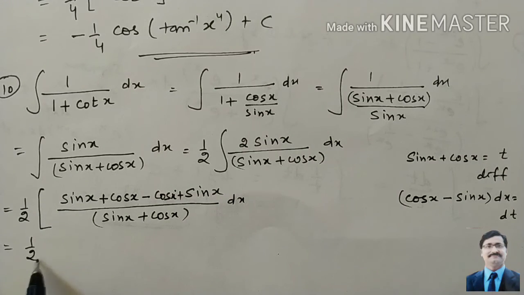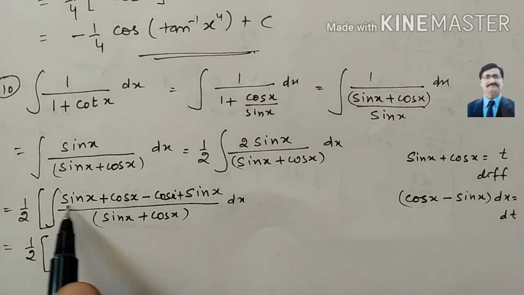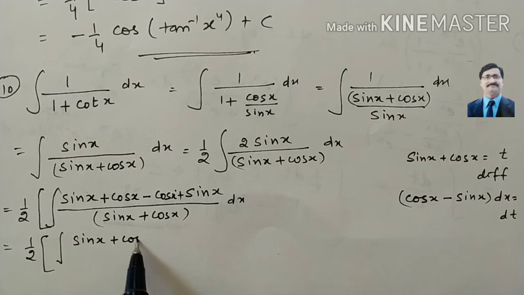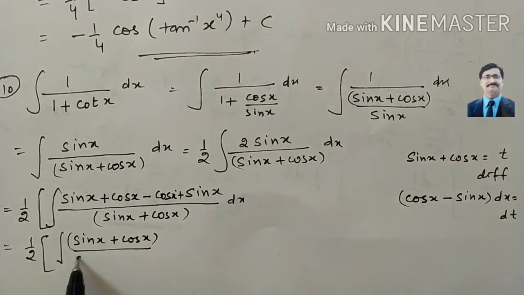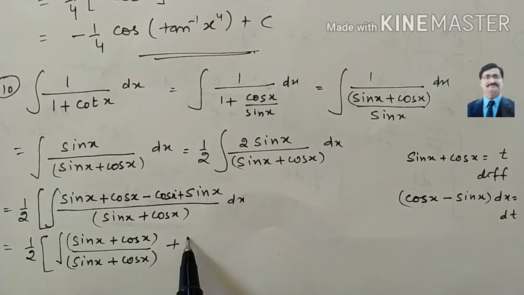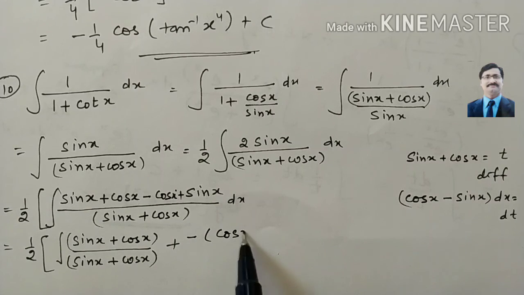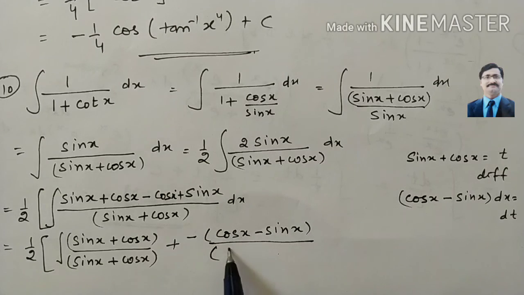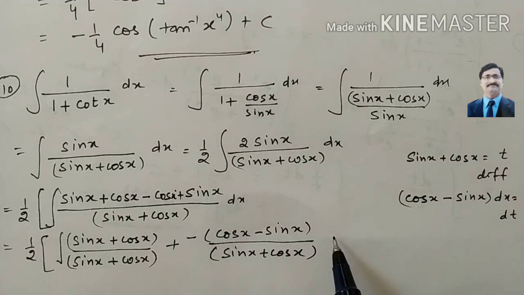Look here, this 1 upon 2 we get in the integral. This is the same as the denominator, so we can separate sin x plus cos x upon sin x plus cos x, and the second time we take minus common, so we get cos x minus sin x. This initial portion, cos x minus sin x dx equal to dt, and the denominator we have sin x plus cos x dx.